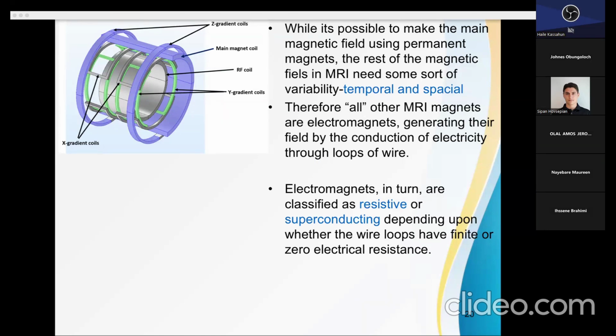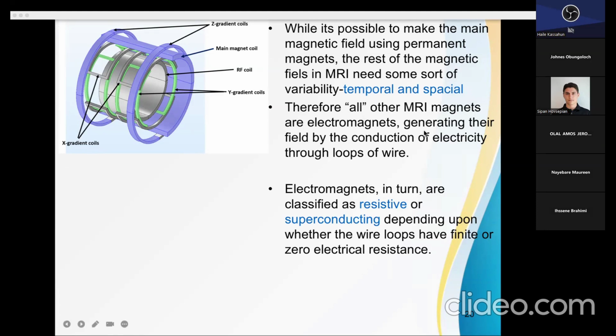Because if you need a magnet that varies over time, or a magnetic strength that varies over space, you cannot at will control permanent magnets to vary their field according to what you wish. So it becomes difficult to make the rest of the magnetic fields as permanent magnets. So you then go to electromagnets, okay?